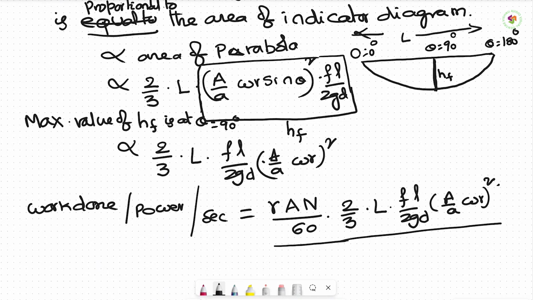This is per stroke, for suction stroke, and the same is again for delivery stroke. Please remember, this is per stroke.